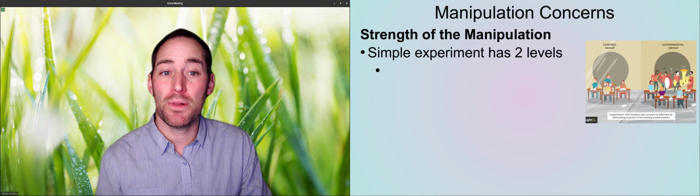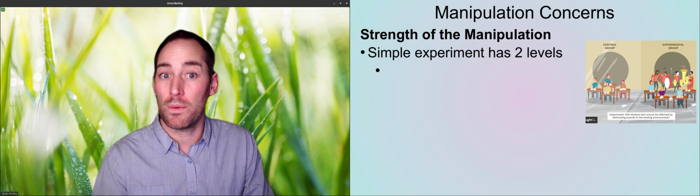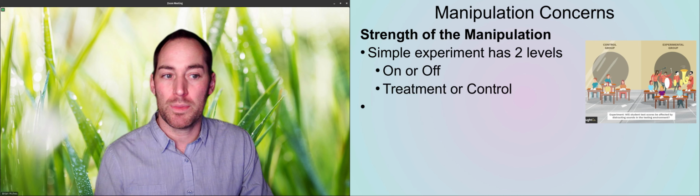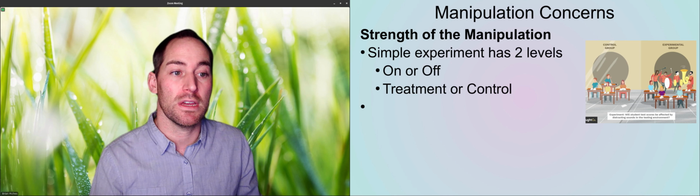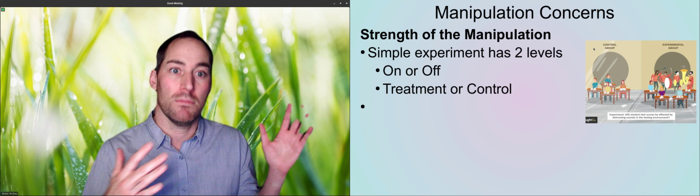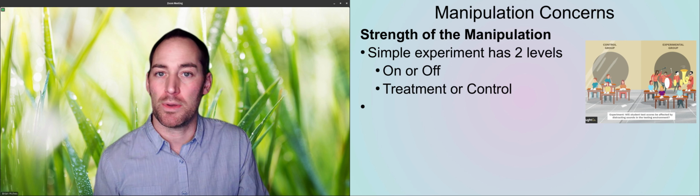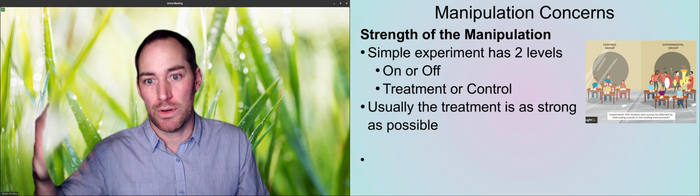So a simple experiment has 2 levels, on, off, no manipulation or manipulation, right? So on, off, treatment, control, no manipulation, there is a manipulation. So our example originally, quiet room, loud room. So no sound, loud. That is the 2 levels of that manipulation. So the strength is 0 or the strength is 100, you could say.